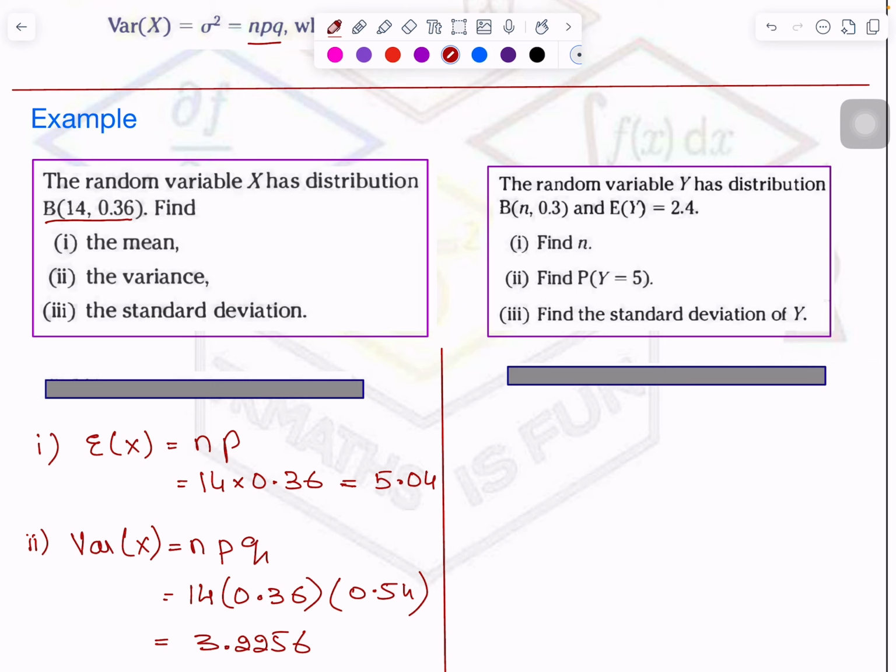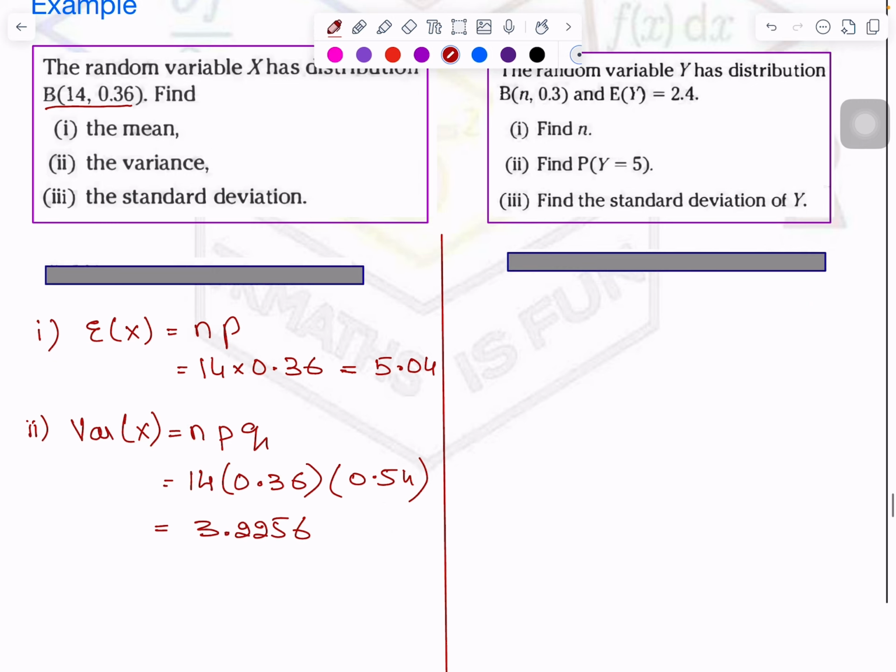3.2256. Last part is asking standard deviation. So what will you do? Yes, you are very right. Standard deviation is simply the square root of variance. So you can write standard deviation is equal to root of 3.2256. Write the final answer in 3 significant figures.